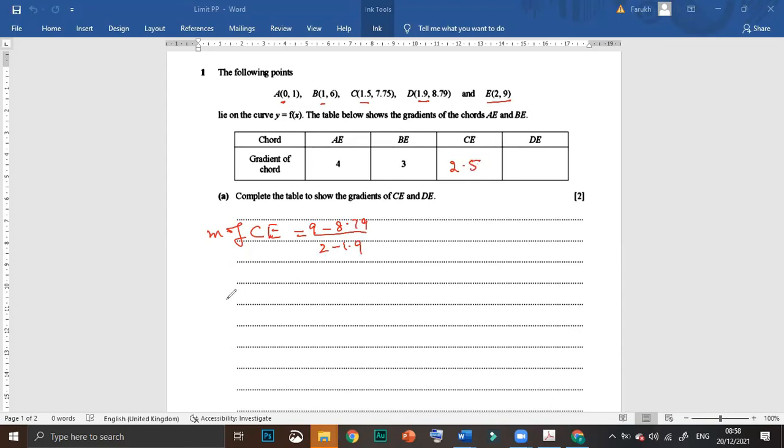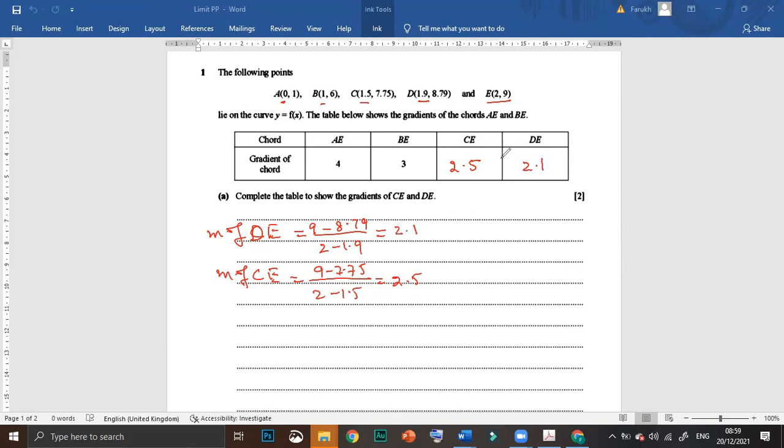Sorry, this one is the DE. The gradient of CE is 9 minus 7.75 divided by 2 minus 1.5, which is 2.5. What is the gradient of DE? It is 2.1.